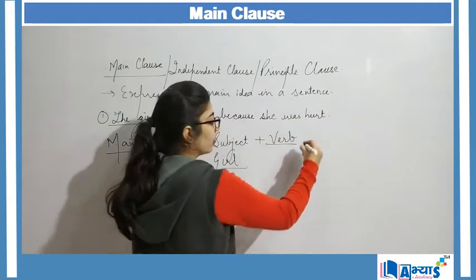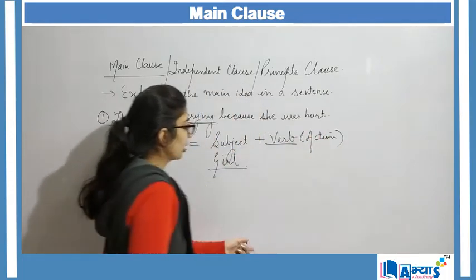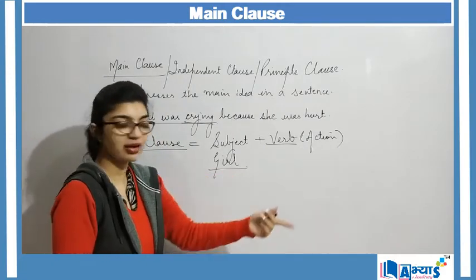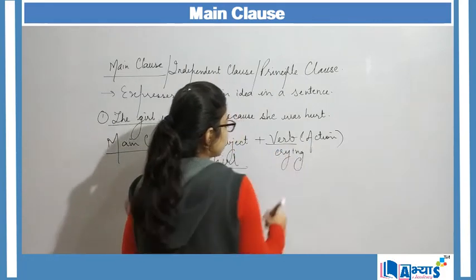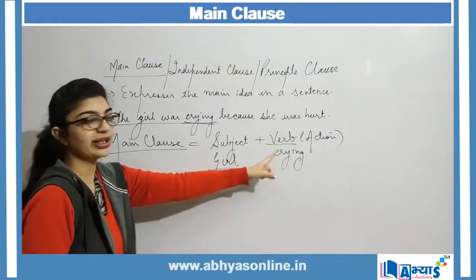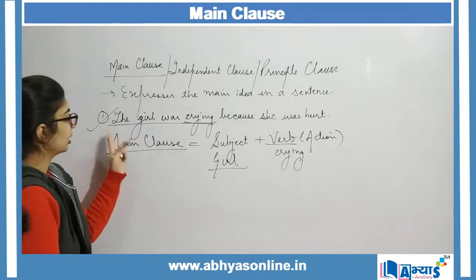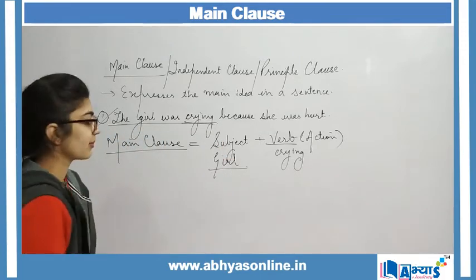So the subject is the girl, the action over here is crying. So the verb over here is crying. Since in my clause I am getting a subject and a verb, this is my main clause. The girl was crying is the main clause.